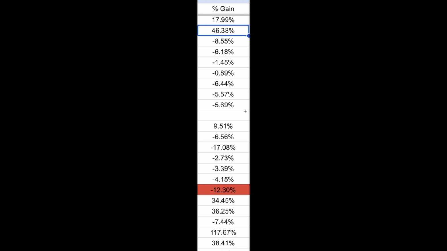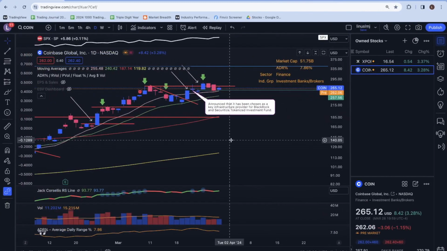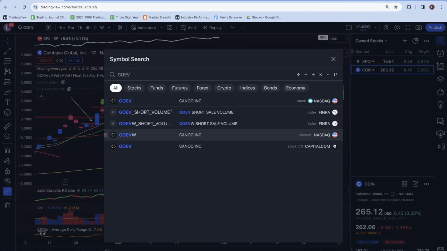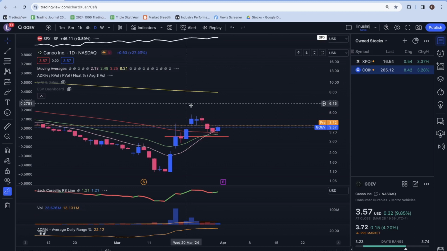Another thing to take note, this is not all of my trades. I've taken more trades in the month of March than this screenshot, but I only screenshotted this area because this area combined both the best trades and also the worst trades that I made in the month of March, right? So for the first one, it was on this stock GOEV, right?